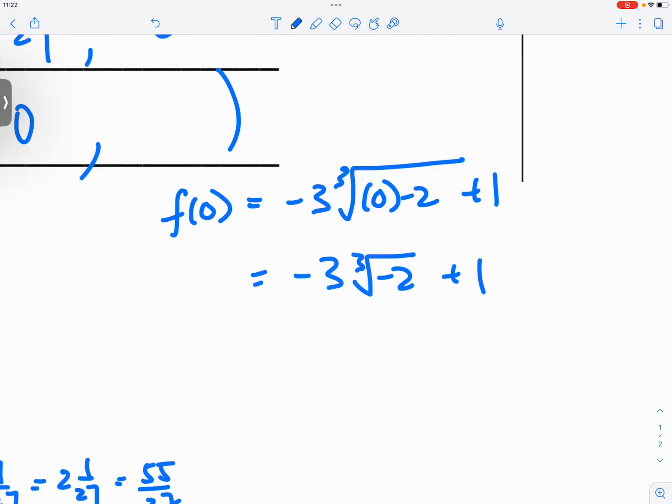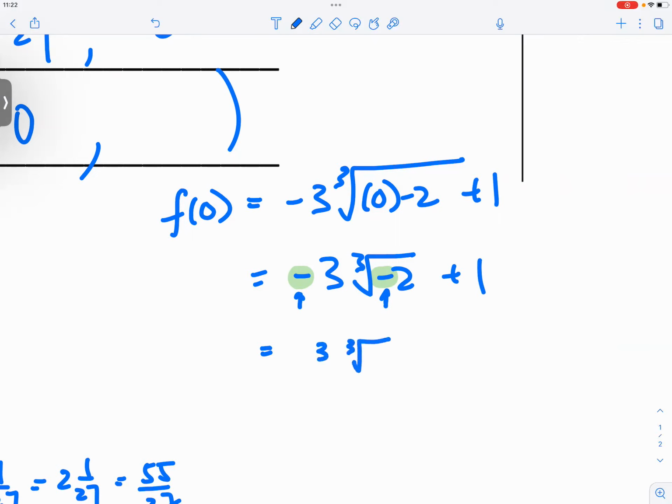Okay, so that could be the answer, but I actually want to simplify this a little bit, because if you see the minus here and the minus there, you could actually bring this minus out and multiply with this minus, so they would cancel each other out.